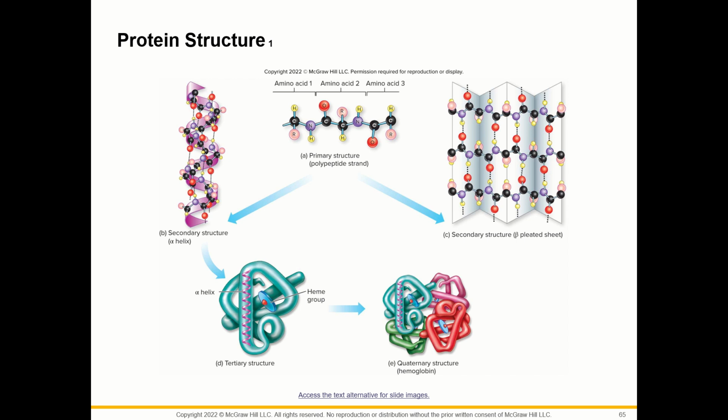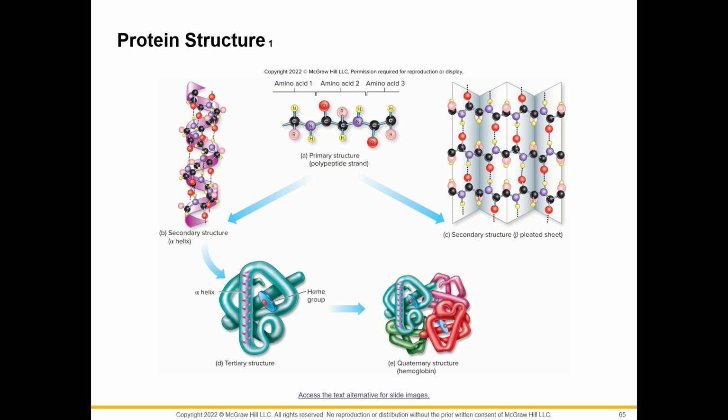This is illustrated in figure 2.28. A is the primary structure, the polypeptide strand. And it's the sequence of amino acids in that polypeptide chain. The secondary structure in B is the conformation of the chain created by hydrogen bonding between amino acids.